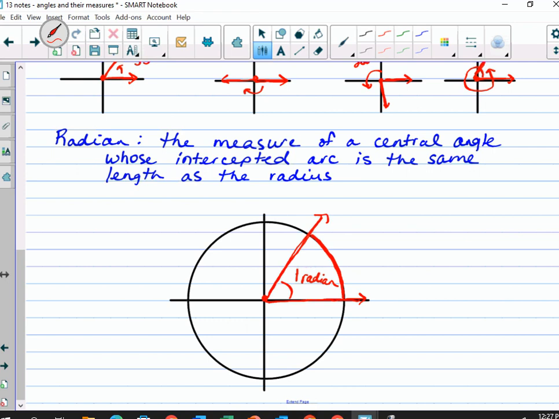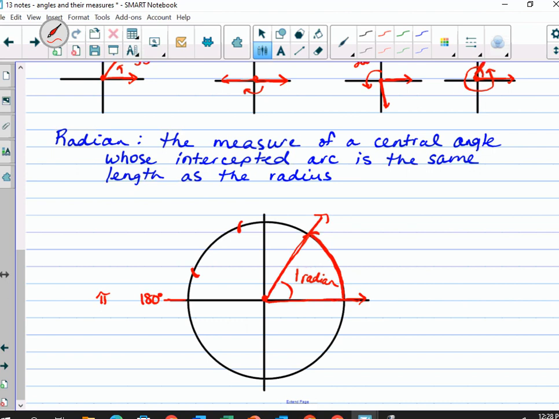Okay. Now, something interesting. There's 1 radian. I'm just going to approximate and mark off a few more radians around my circle. That looks like maybe 2 radians. Not exactly. By the time I get over here to where 180 degrees is, it looks like I'm at 3 and a little bit. Do you know a number that is 3 and a little bit? Pi. So that is why 180 degrees is the same as pi radians.